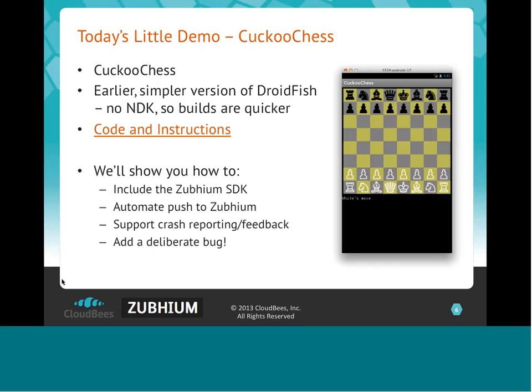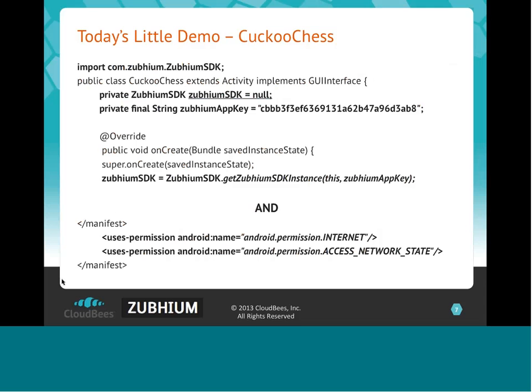And then I just have to basically initialize the Zubhium SDK here with that app key. That's it. At that point, I'm done. I do have to make sure that we have the appropriate permissions in the Android manifest.xml. This one is required. This one is useful for much deeper levels of diagnostic. And again, KD can explain all the things that will happen there in just a minute.